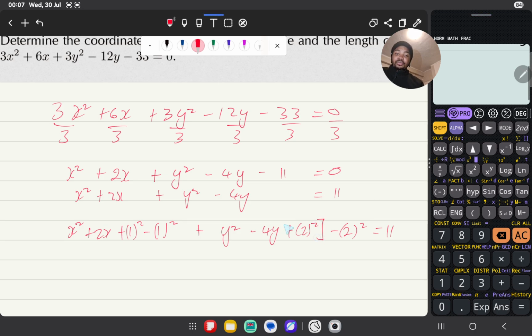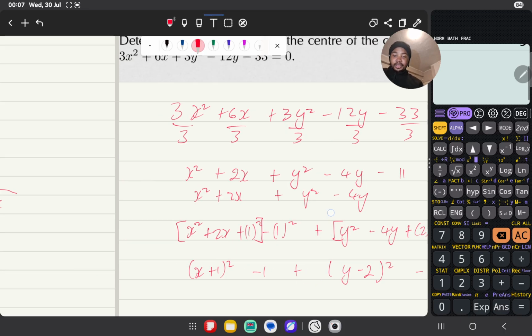And then we're going to group the first 3 terms, right? We group the first 3 terms, which would then mean here you're going to have x plus 1 squared, right? And then you still have that minus 1, plus here you're going to have y minus 2 squared, right? And then you're still going to have that minus 4 equals to 11.